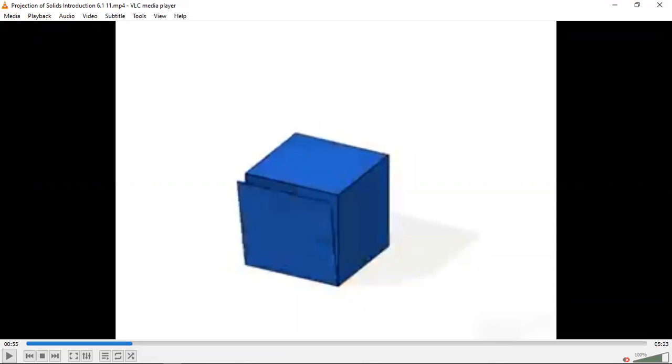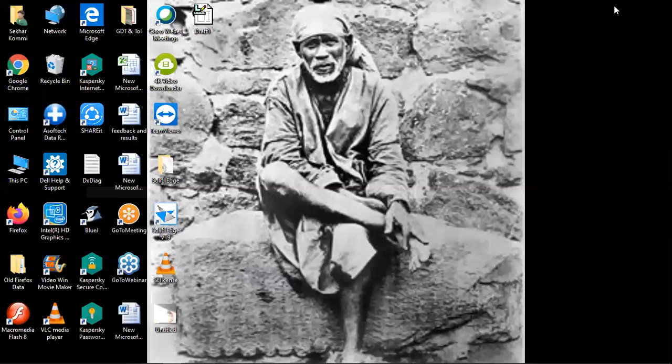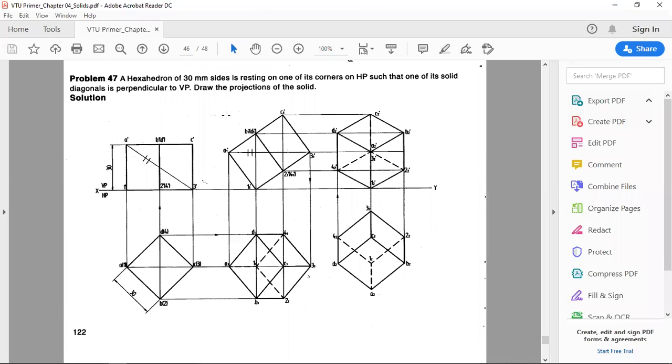Now you know what a cube is, so we go to the problem. In this problem, a hexahedron of 30 mm sides is resting on one of its corners.